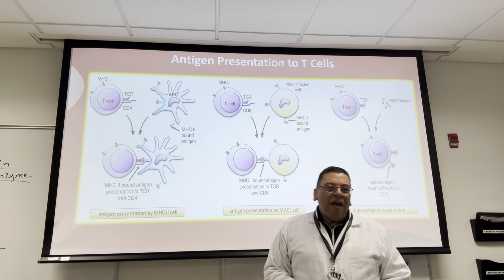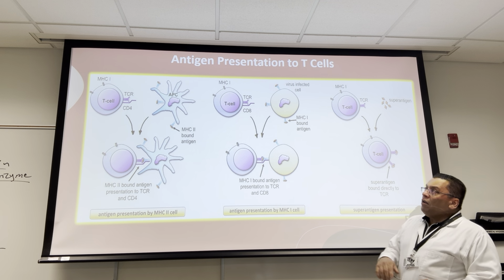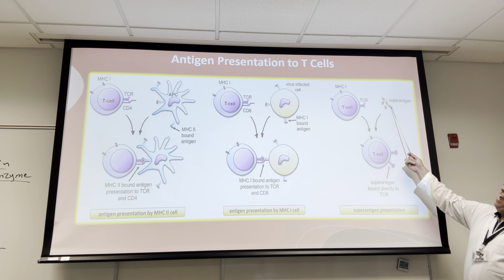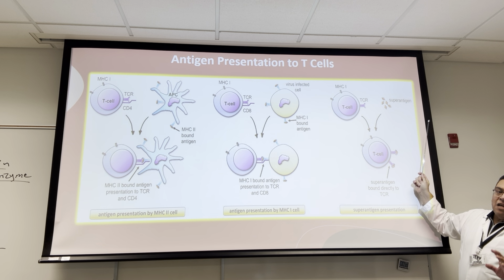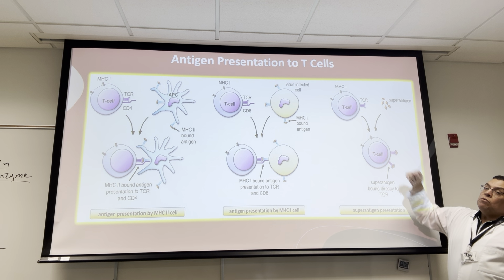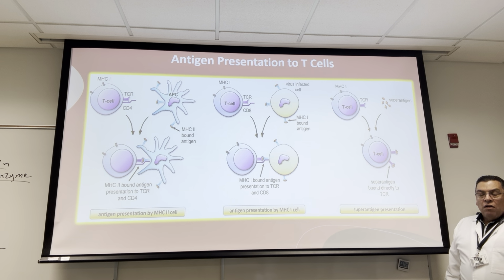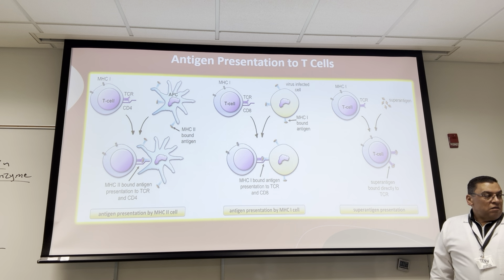But then there are some antigens that bypass this. Look at it. The antigen itself, without the antigen presenting cell, goes and binds to the receptor. So you don't get this tailored response.